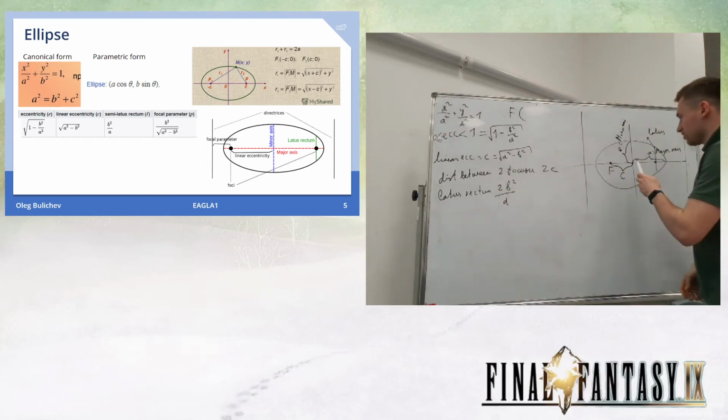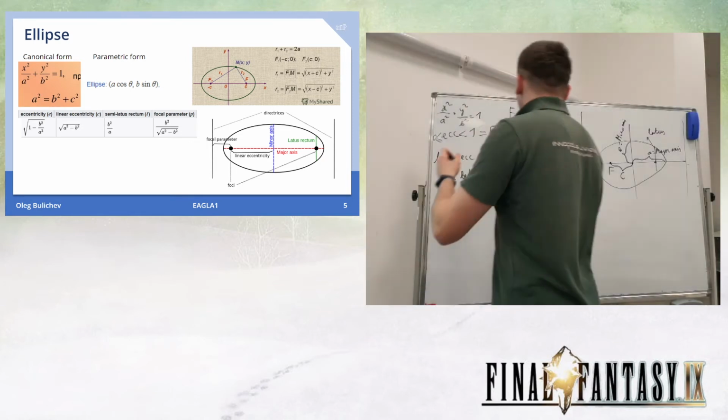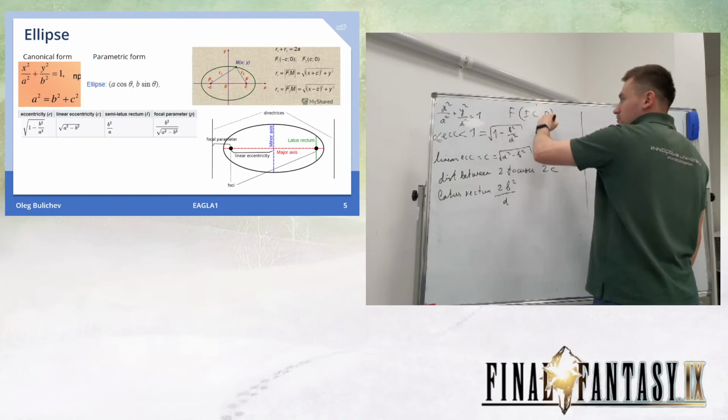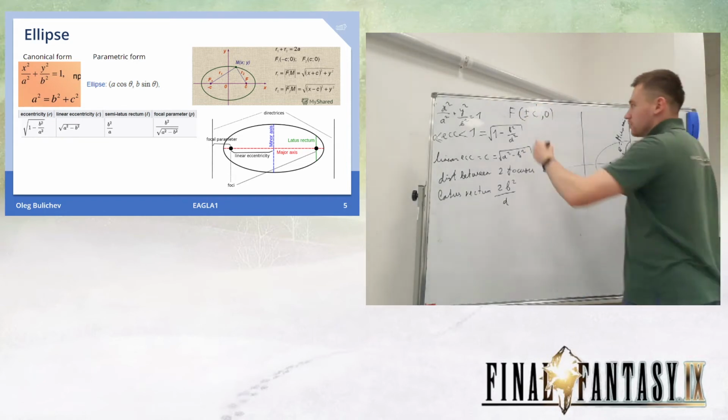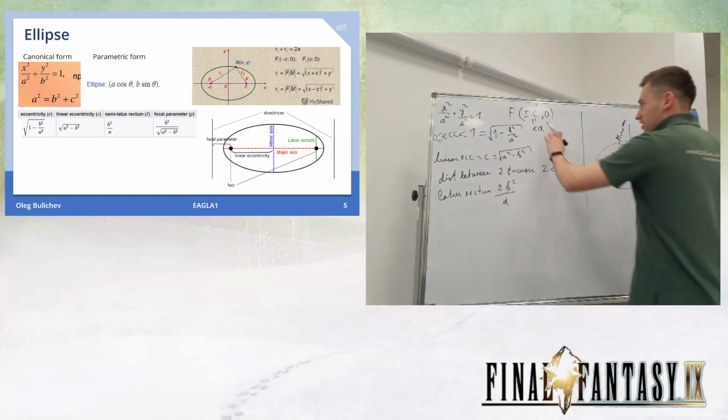You may see that we have this point equal to 0, 0 usually. And this point, what will it be? Linear eccentricity, it will be c plus minus c0. Or, yeah, it's c in our case.